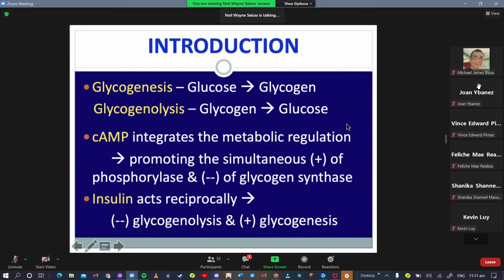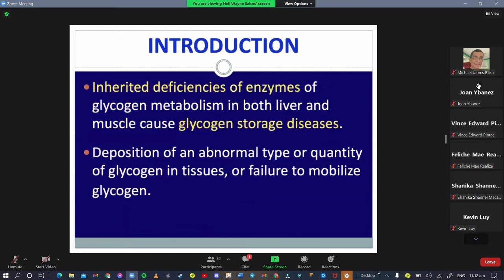So your cAMP integrates the metabolic regulation. Basically, this promotes the simultaneous stimulation of your phosphorylase and the inhibition of your glycogen synthase. So your insulin, on the other hand, acts reciprocally. So it inhibits glycogenolysis and it promotes glycogenesis.